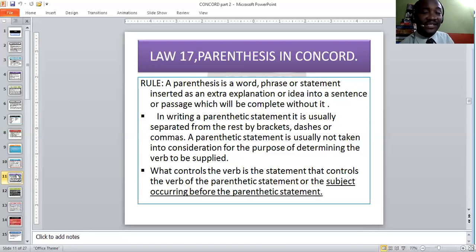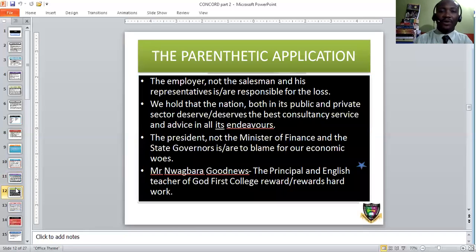When that one is singular, the verb will be singular. When it's plural, the verb will be plural. Now, look at the parenthetic application. The employer, not the salesman. You see, comma separated, the main statement, not the salesman. They said the employer and his representative. We can even say the employer is responsible for the loss because it's singular.